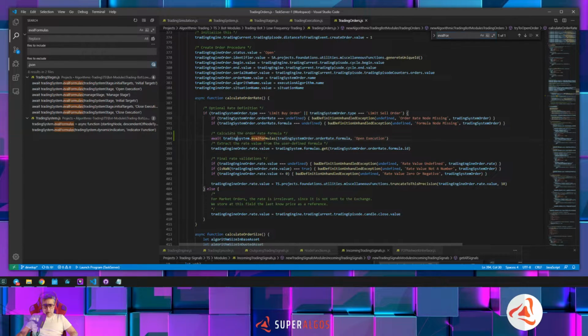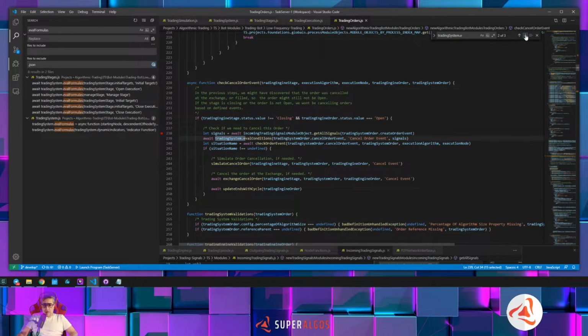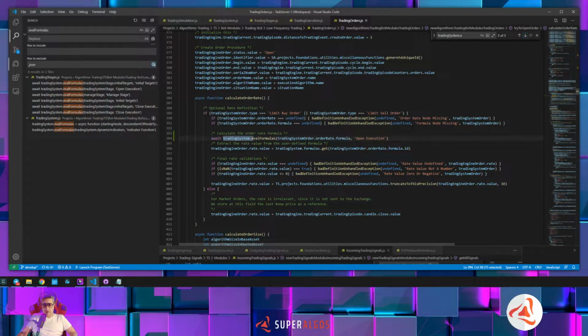Okay, my question is this defined here? Trading system? It looks like it is. Yeah. Eval condition, eval condition, eval formula. Okay, this is great.